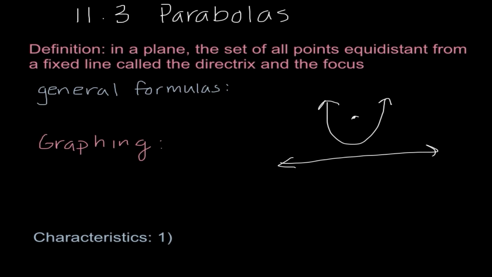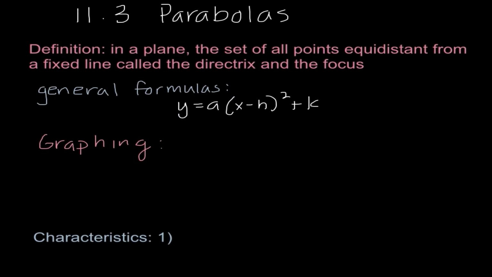But what this is showing is that every point is the same distance away from both the focus and the directrix. The good news is we don't really deal that much with the directrix or the focus, but in pre-calculus you will need to know that, so it's good to see that in our definition right now.